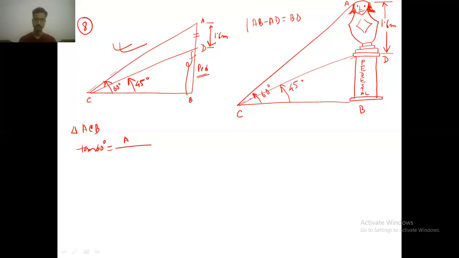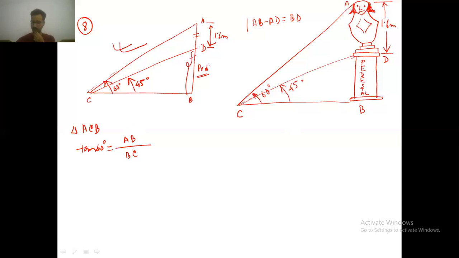So tan 60 degrees will be AB by BC. Yes or no? AB by BC. Now see here, one thing: you have to equate it. Why? Because we don't know the value of BC. We don't know the value of BD.